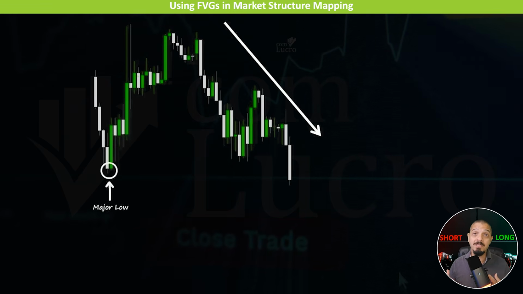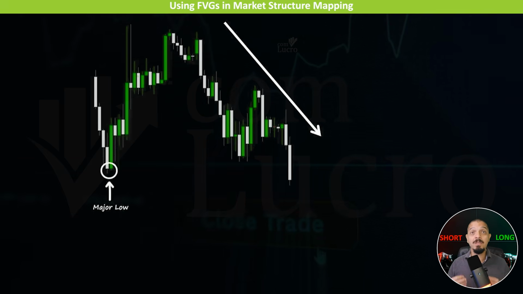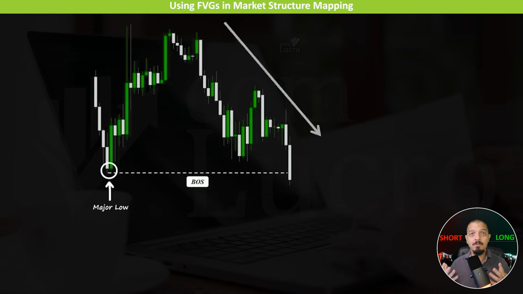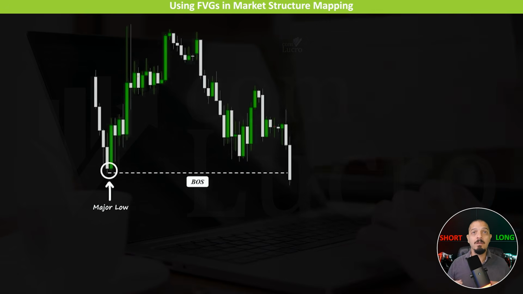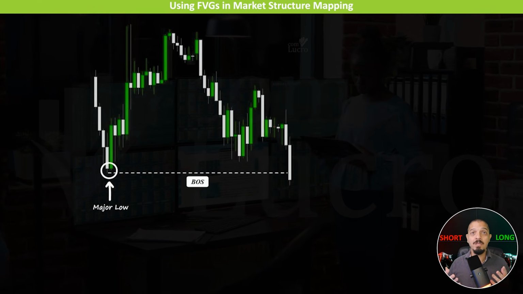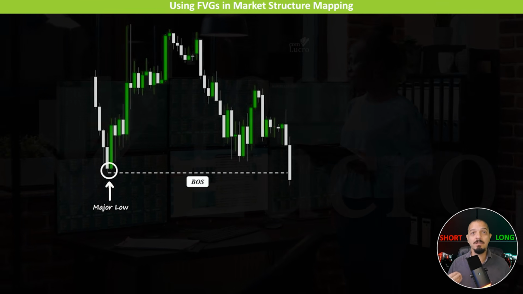Here, we see that price pushed to the downside and broke the previous major low, closing below it. This gives us a valid break of structure. Next, let us identify potential fair value gaps formed by the recent bearish momentum. In a bearish market, it's essential to analyze the chart from top to bottom to locate fair value gaps, while in a bullish market, the analysis goes from bottom to top.